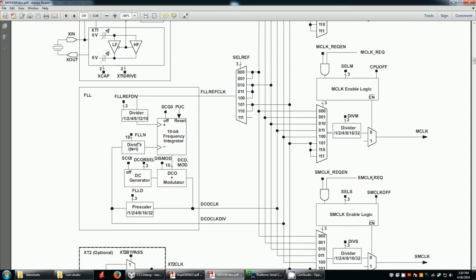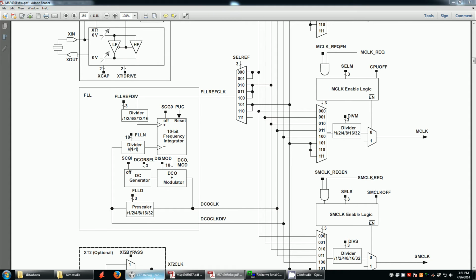And if we divide this feedback signal anymore and make it slower, this DCO is going to have to output a faster signal so that this feedback loop can overcome the larger and larger dividers and match this. So this is constant, and this is your feedback input from your DCO modulator that's configured by your 10-bit frequency integrator. And so that's the idea.